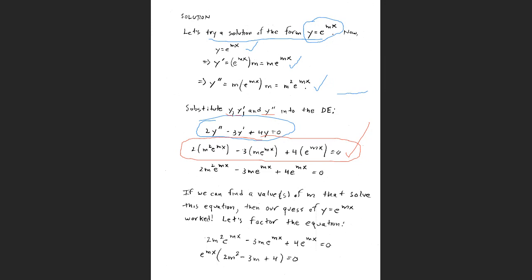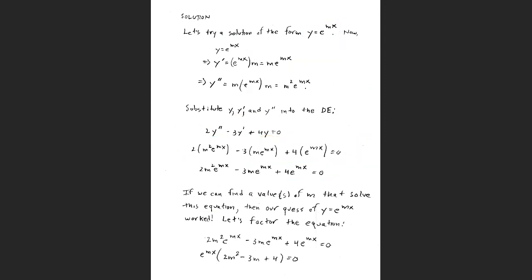So we get down here to this equation, and again, if we can find values of m that solve this equation, then our guess worked. So I'm looking at this equation, and what's the common factor on the left side? Whenever we solve an equation, we think about factoring, right?